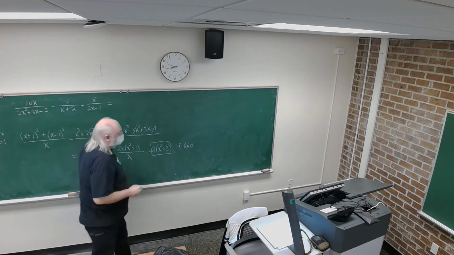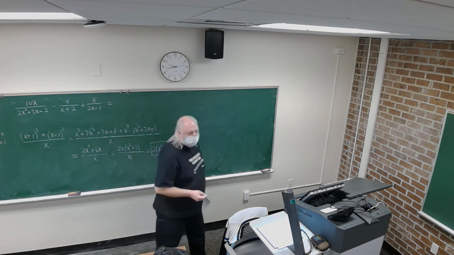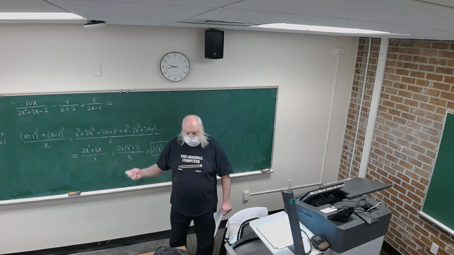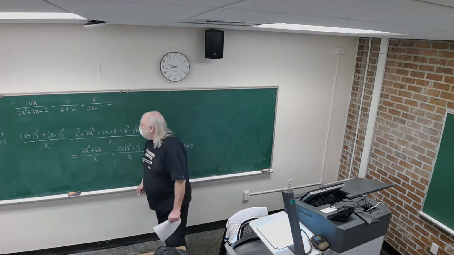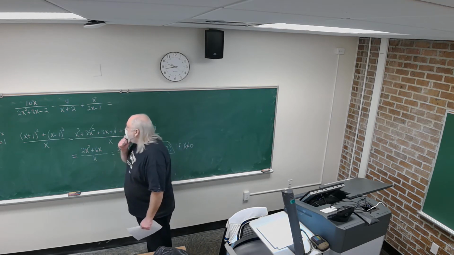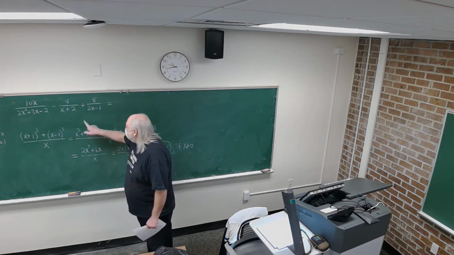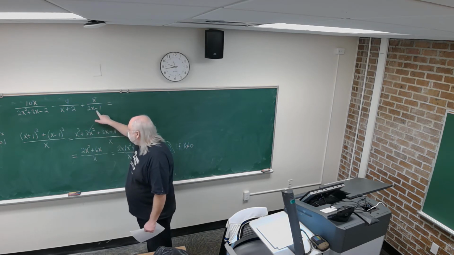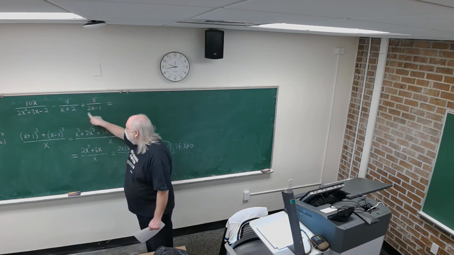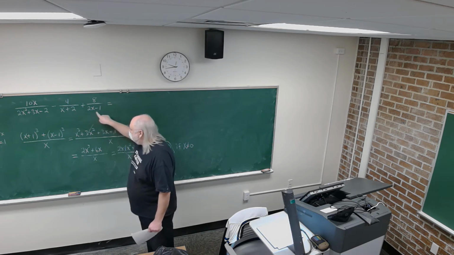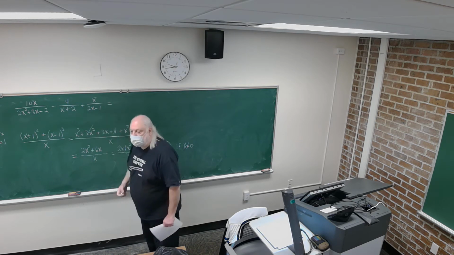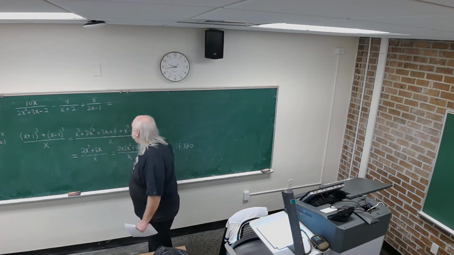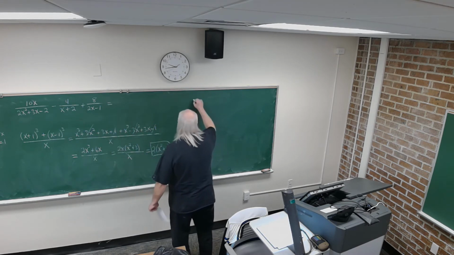Well, when you add and subtract fractions, what do you need? The common denominator, okay? So let's see. We know x plus 2, 2x minus 1. Adding those two fractions, we would have to multiply x plus 2 times 2x minus 1 to get a common denominator. So let's see what happens when we multiply those two.